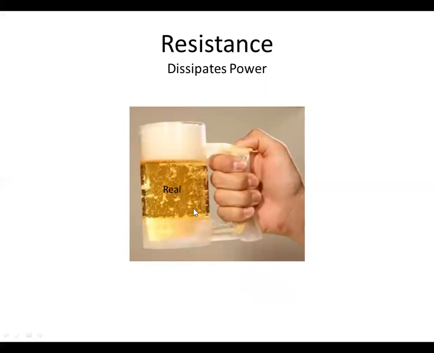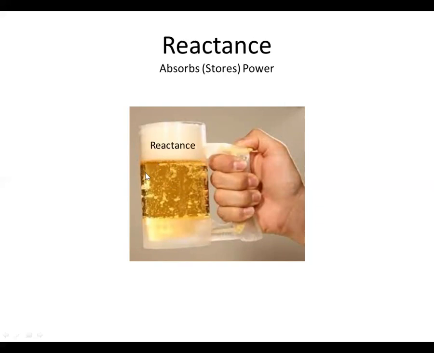The best description I ever heard of the difference between resistance and reactance was a mug of beer. The real power, the resistance, is represented by the actual liquid beer, and the reactance is the foam. So you have to provide enough capacity for both the foam and the beer.